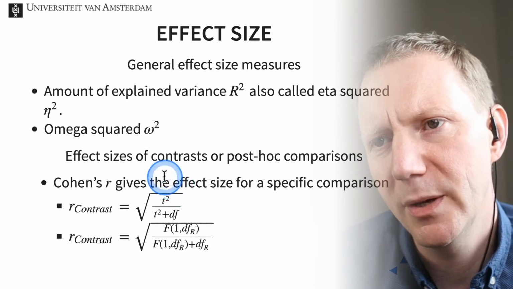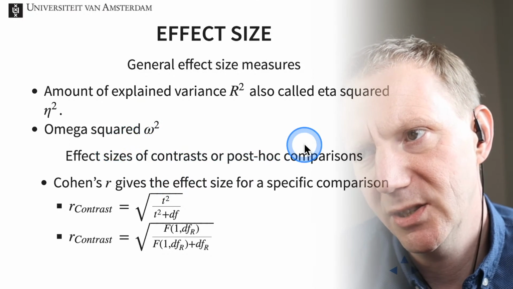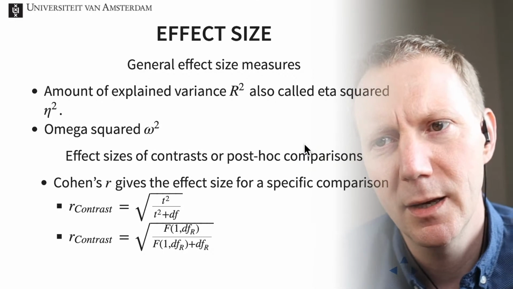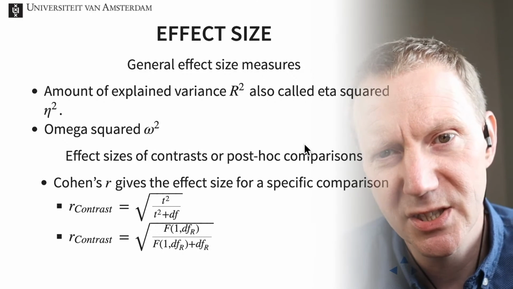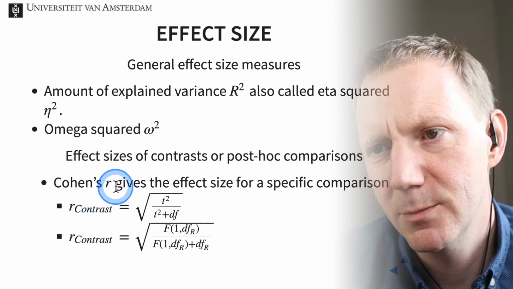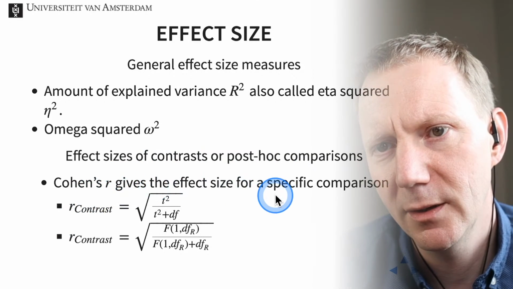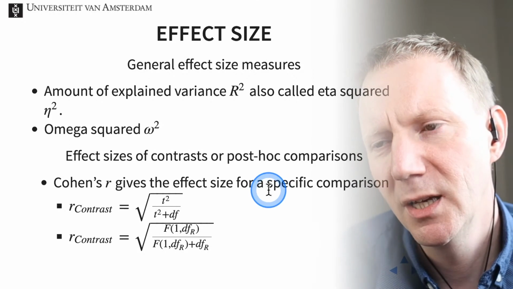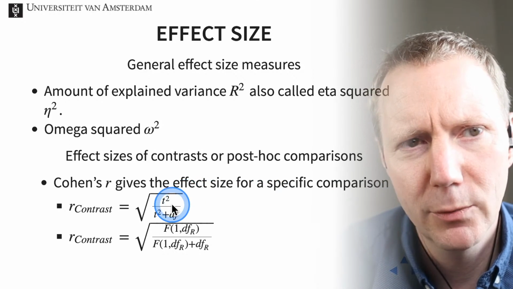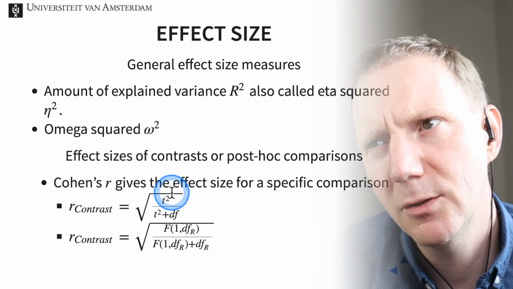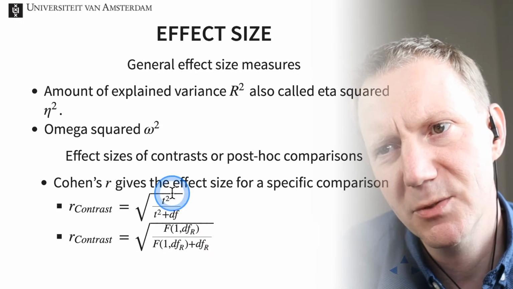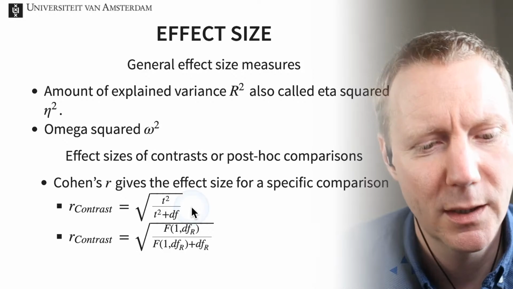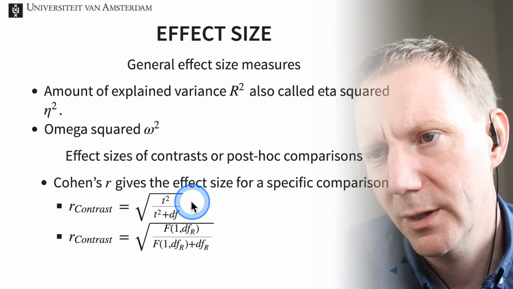The same holds a bit for the omega squared, which is only a general indication of effect size, but it still doesn't tell you which difference is larger and which is smaller. For that, it's more convenient to look at the results for the contrasts or for the post hoc analysis, where we previously determined the effect size for the post hoc test, where we only had t values as results. So we just applied the same t-test calculation for getting to the effect size.